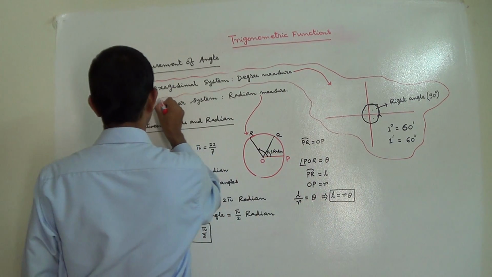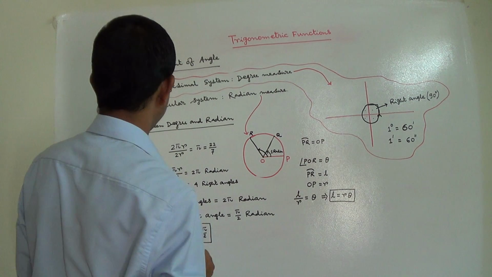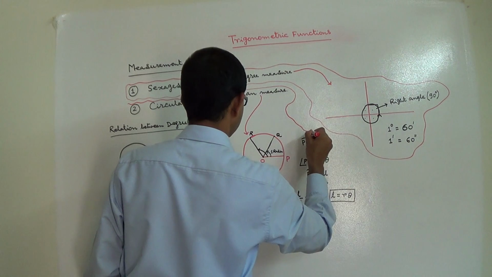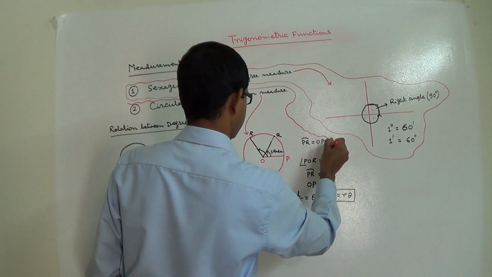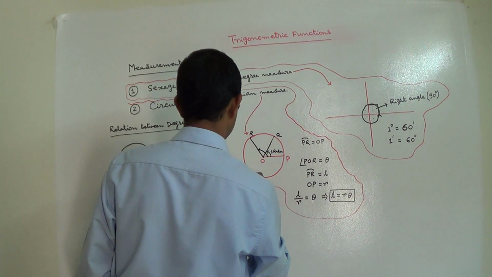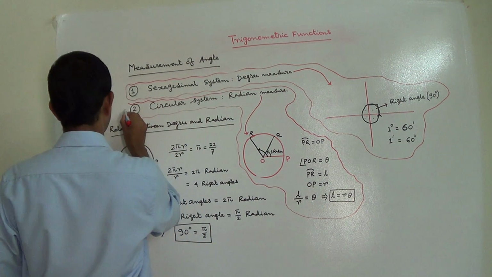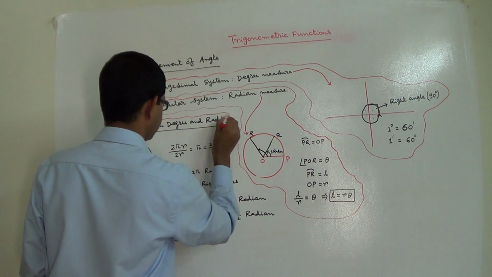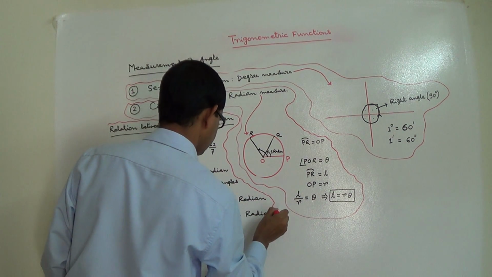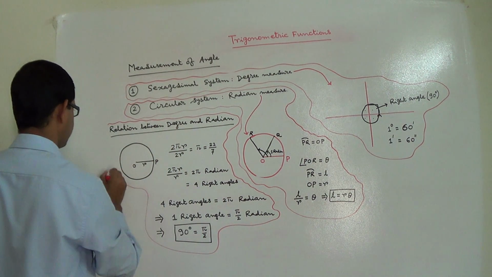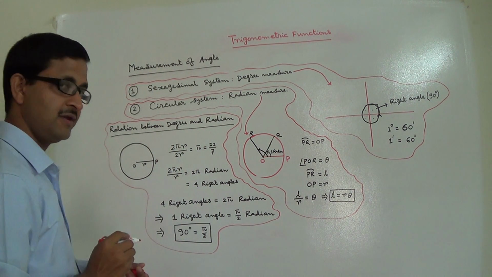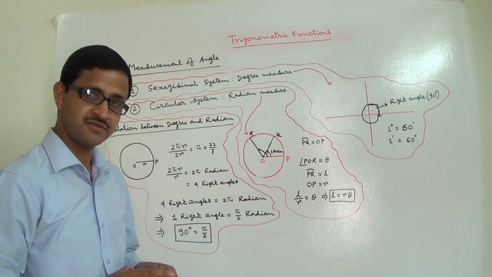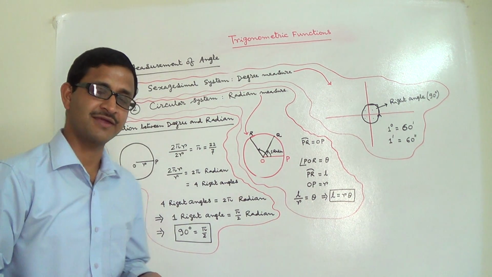So this is under the sexagesimal system, this is under the circular system, and this is under the relationship between degree and radian. Please have a look into it for a couple of minutes, then we will move on to our next topic. Thank you.